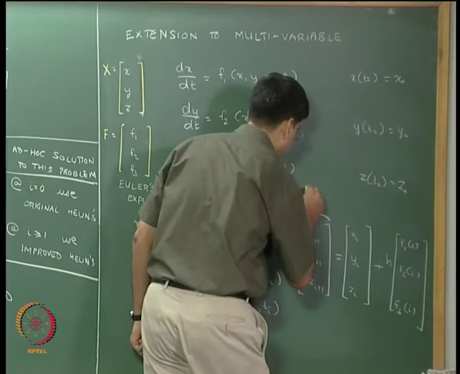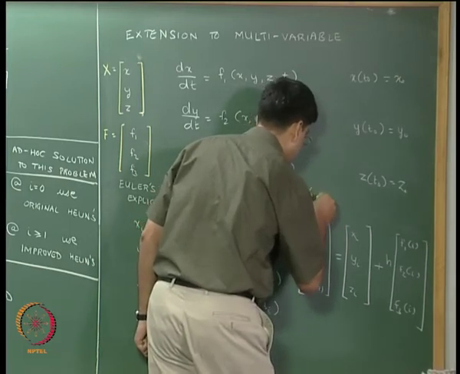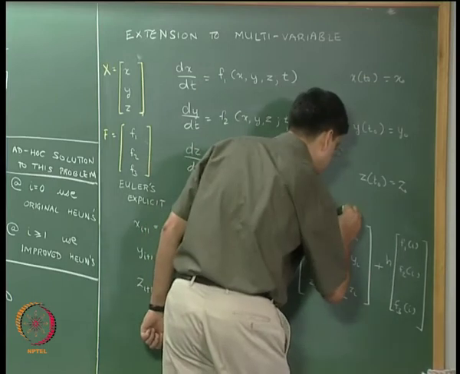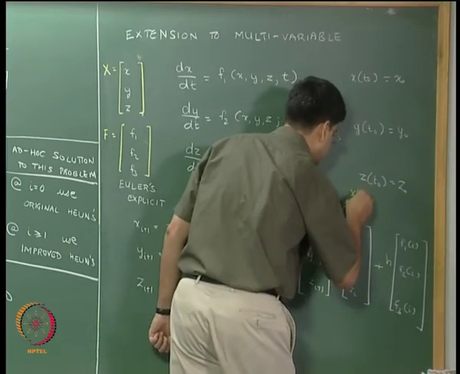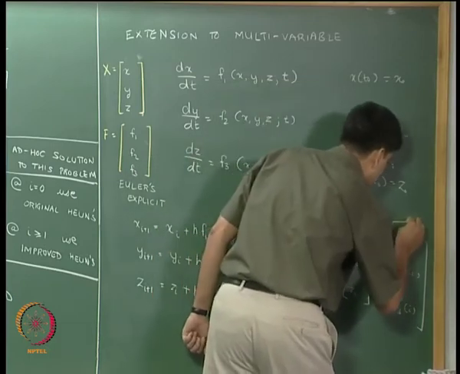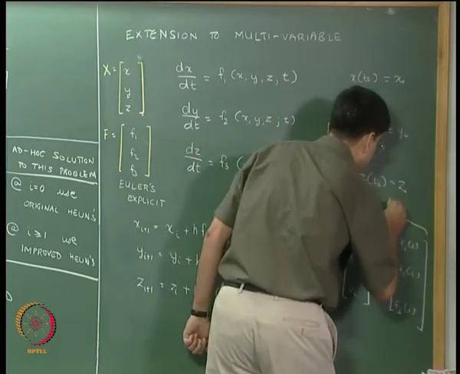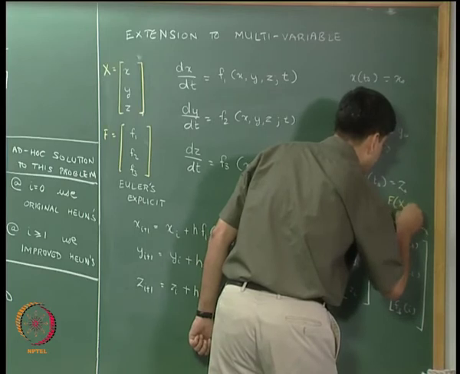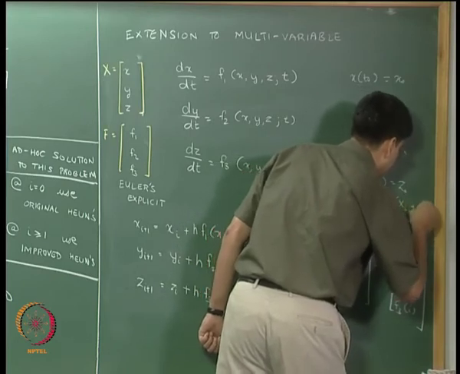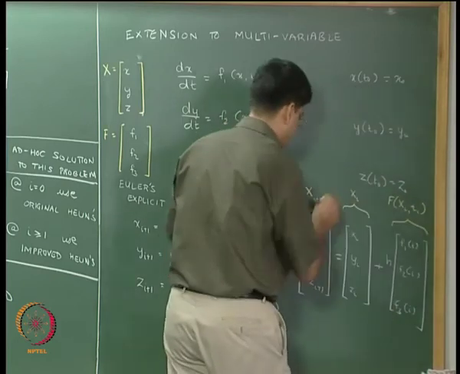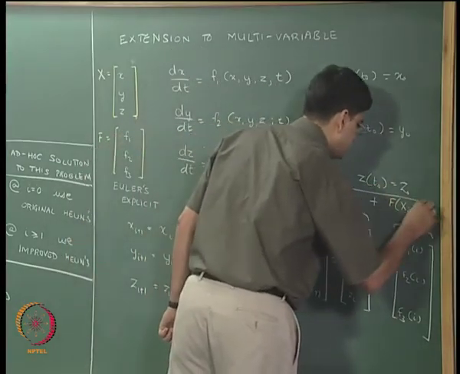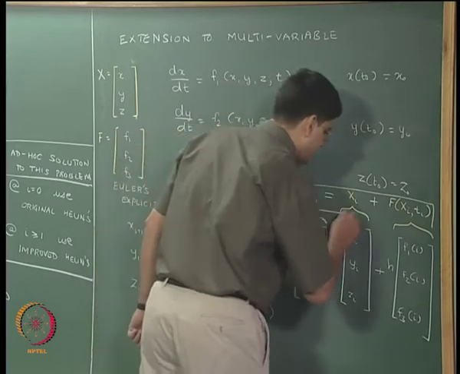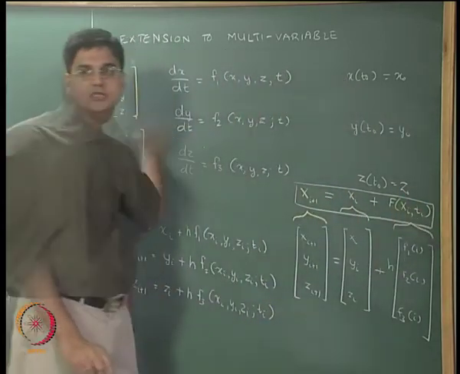Okay. So, this is nothing but our capital X I plus 1, this is nothing but our capital X I, and this is nothing but our capital F computed at x I comma t I. And this is our multivariable Euler's equation.